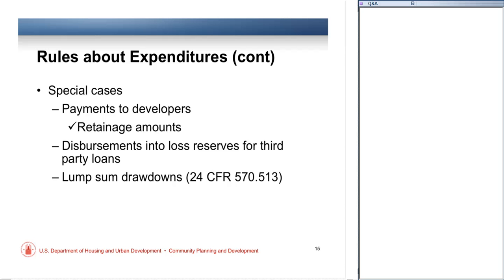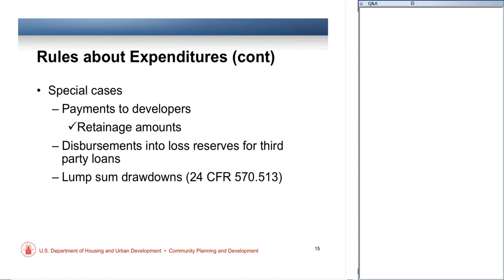So in those situations, the disbursements into the loss reserves can be treated as an expenditure, as long as the amount that's dispersed into the loss reserve reflects what would be expected to be the loss on the loan, and that's usually based on an agreement between the grantee and a lender as to what that would be.